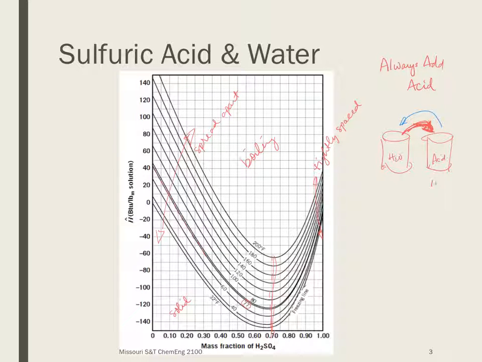and we'll say it was 100% acid to start with, and I add just one little drop of water into this acid. So now the composition is going to be like 99.5% acid, right? So let's think about this.